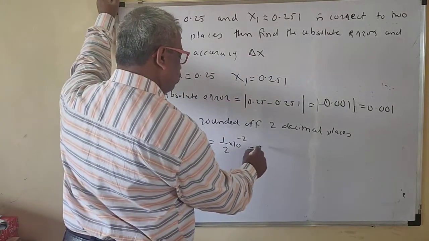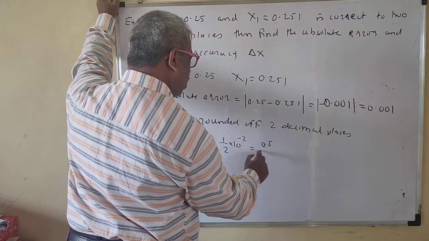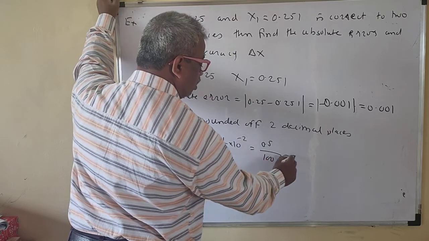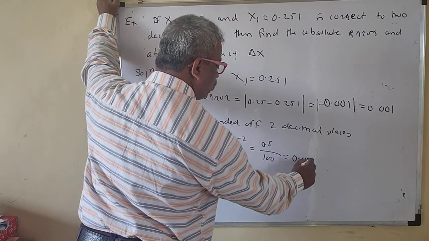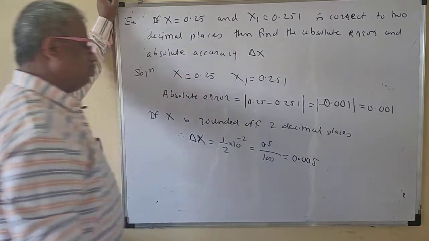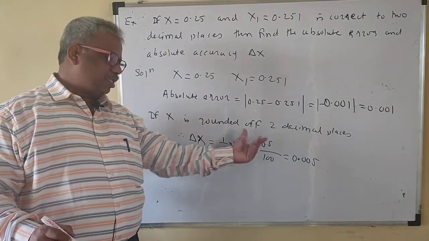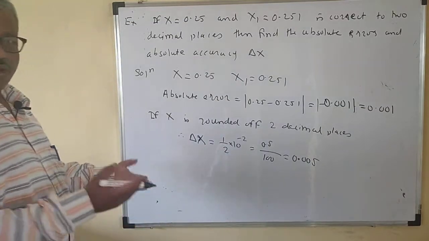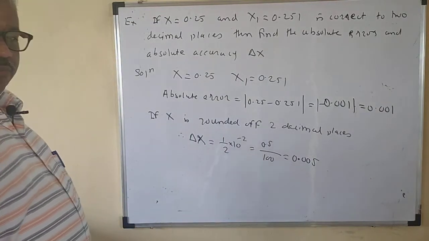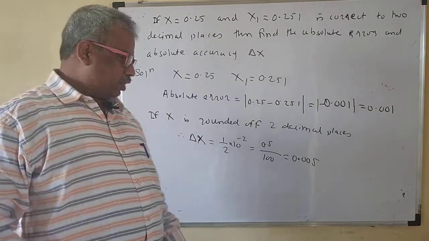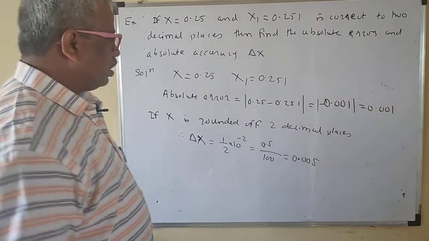This is the formula. One half is 0.5, and 10 raised to minus 2 is 1/100, so this is 0.005. Instead you can write it as 1 upon 200, and you can either compute it with the help of the calculator or write 1 upon 200 as it is.